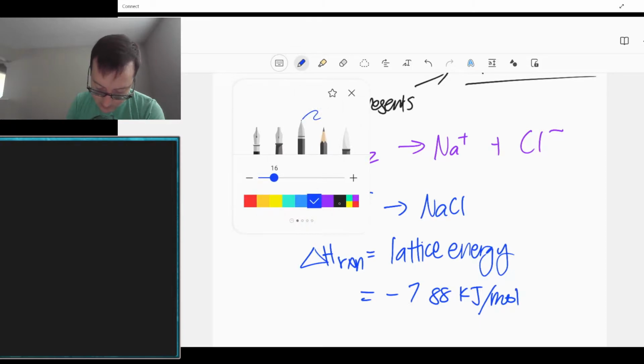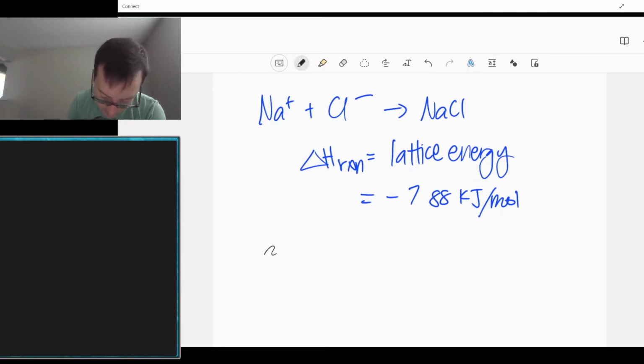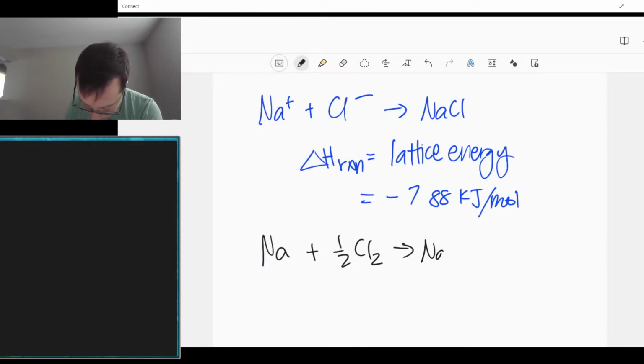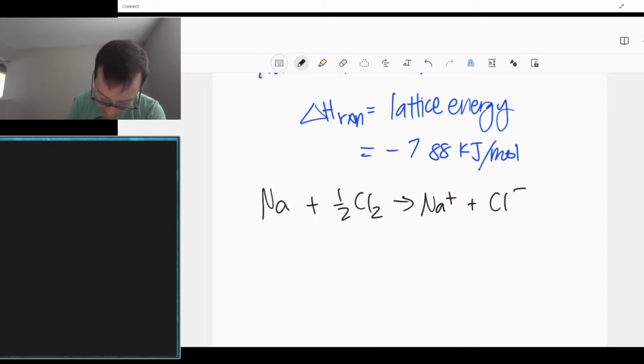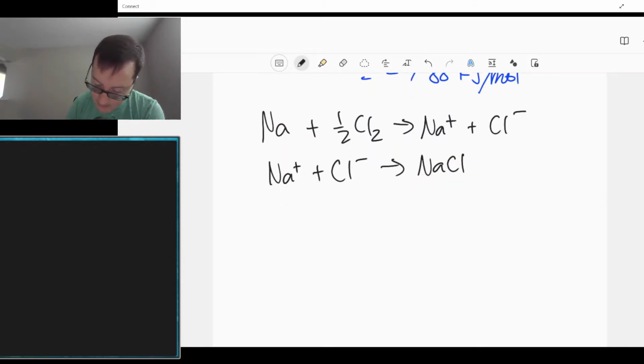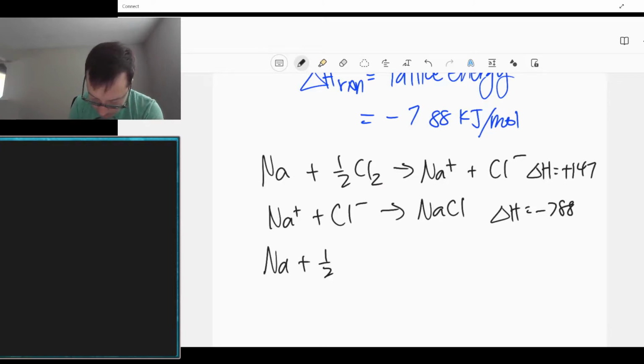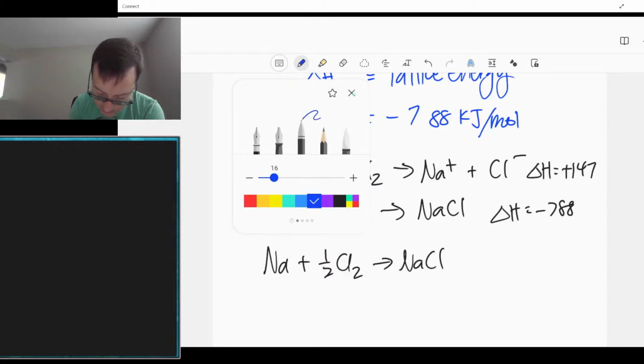And so as a result, our total reaction, so if I go ahead and write this out again, putting these two reactions together, this was 147. That's negative 788. So if we want to put these reactions together, we would just need to add their delta H's.